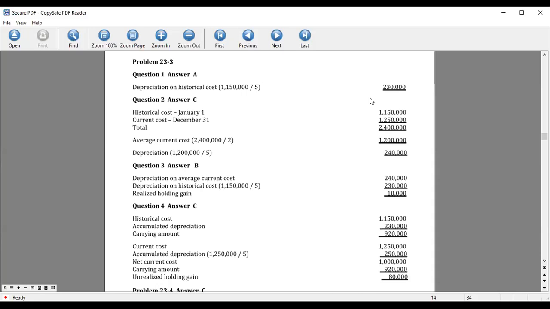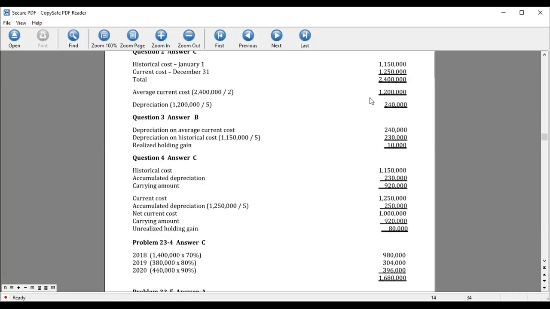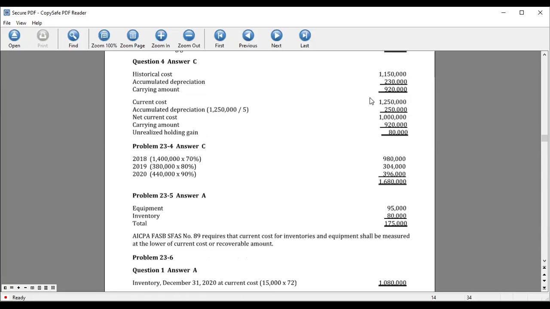The current cost is 1,250,000. Then the accumulated depreciation on current cost is 250,000. So the net current cost is 1 million, minus the carrying amount using the historical cost of 920,000. So we have the unrealized holding gain of 80,000.